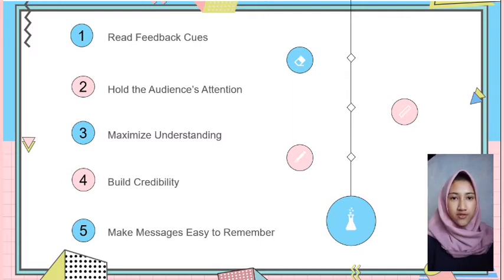Aristotle established 3 methods of proof to build credibility. First, building initial credibility, building delivered credibility, and building terminal credibility. Credibility is not a characteristic of the source or speaker, but an attitude in the mind of the listener.